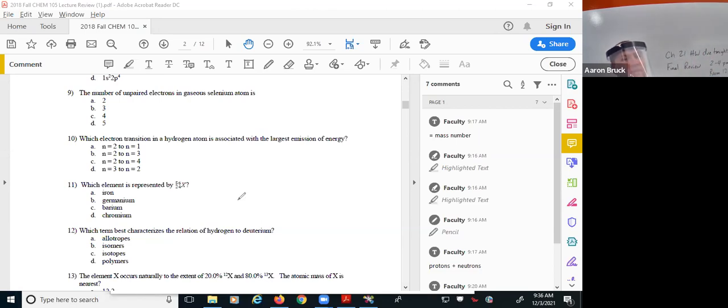All right, number 10. Which electronic transition is associated with the largest emission of energy?